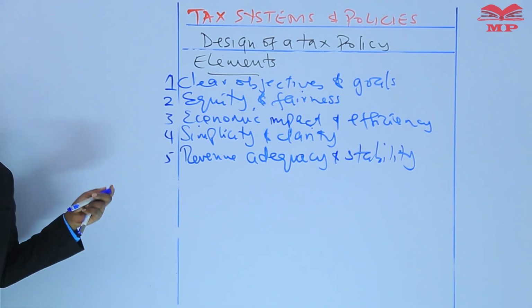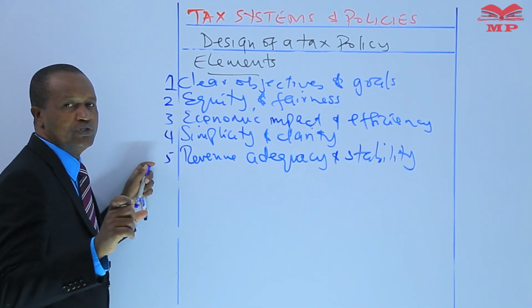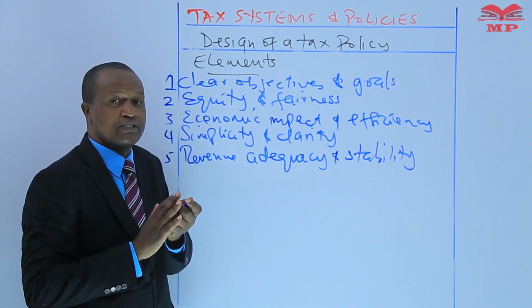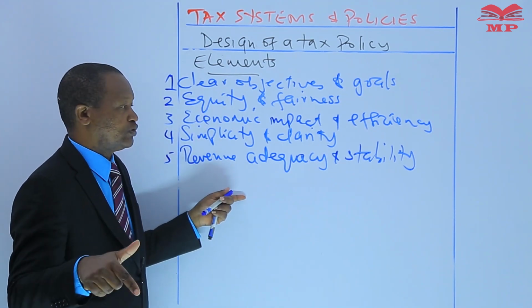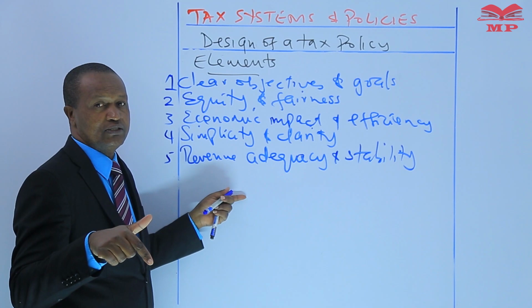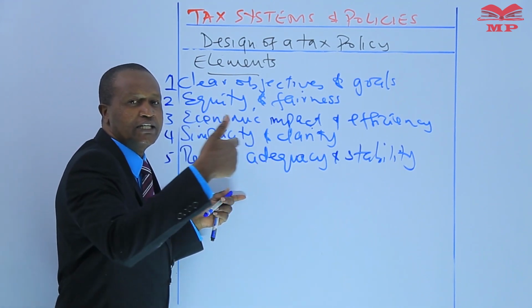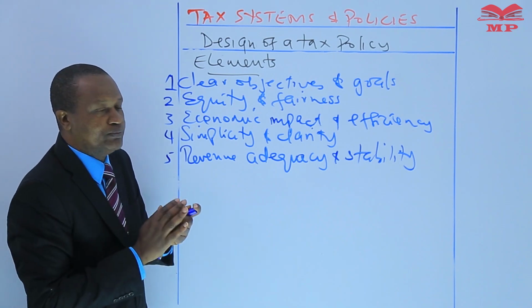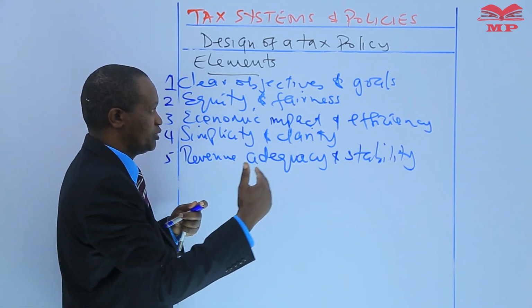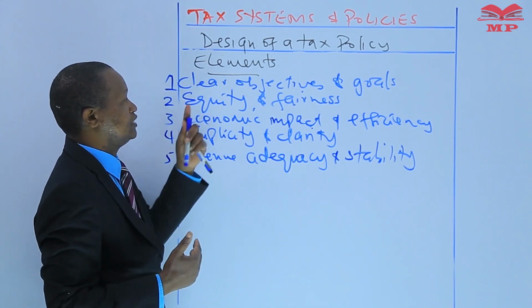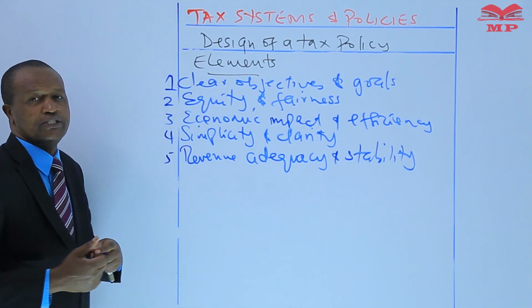Ensure that the tax policy generates sufficient revenue to fund government expenditures while maintaining fiscal stability. Also evaluate the predictability and stability of revenue streams over time. It's important to consider all that when designing a tax policy.